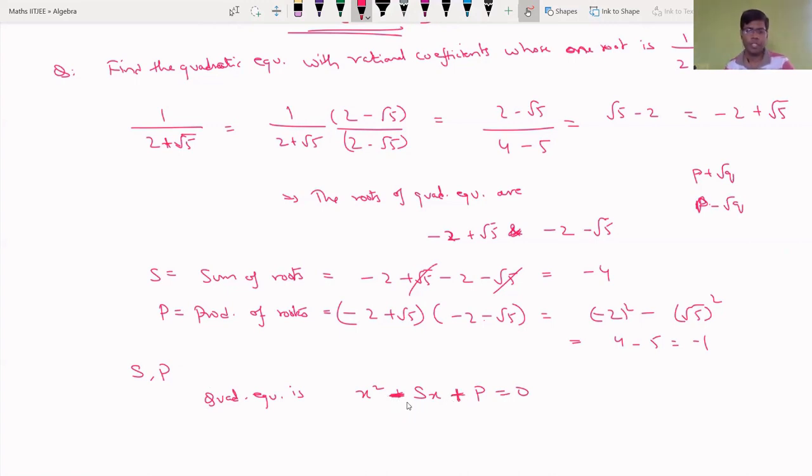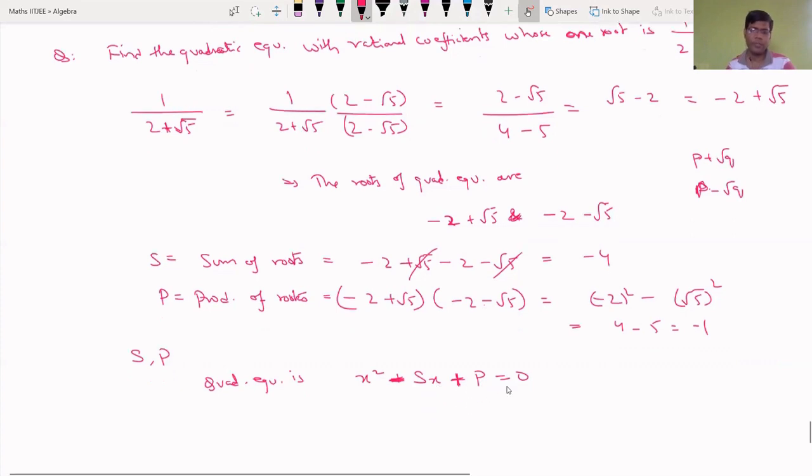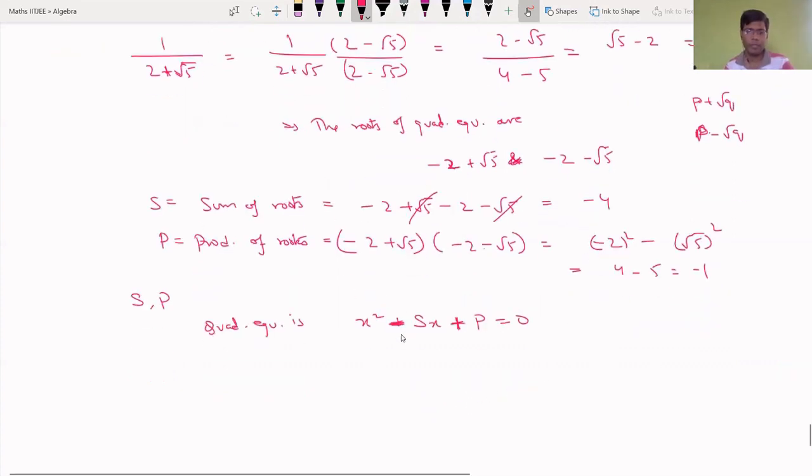Because the sum of the roots is minus b by a, so if alpha and beta are the roots, the sum will be minus of minus s, which is s, that is my sum of the roots. And product of the roots will be p by 1, where 1 is the a, which is p. So that's how I'm getting the sum of the roots and product of the roots.